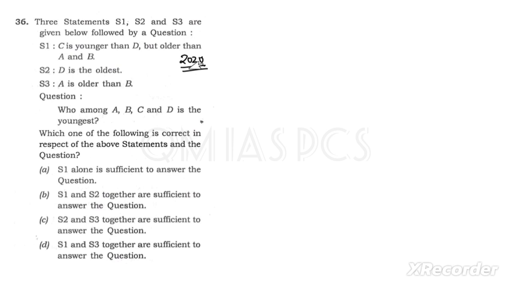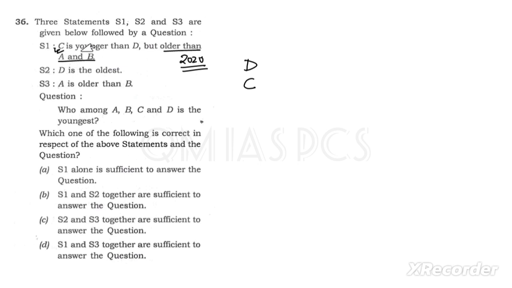Let's represent this. In statement 1, C is younger than D. I have told you, you have to represent in vertical form. D is the oldest, I mean older than C. But older than A and B. Who is older than A and B?